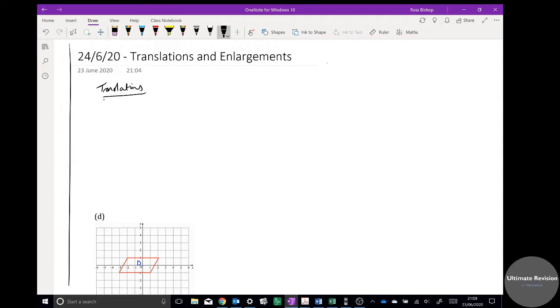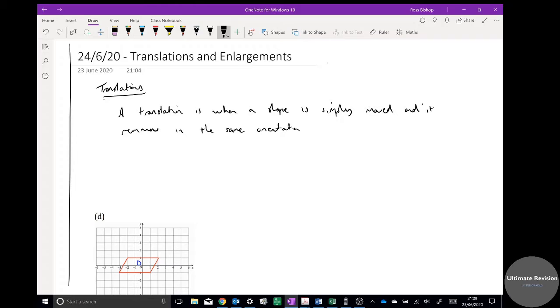So you need to know what a translation is really. A translation is when a shape is simply moved, and it remains in the same orientation and width and size.